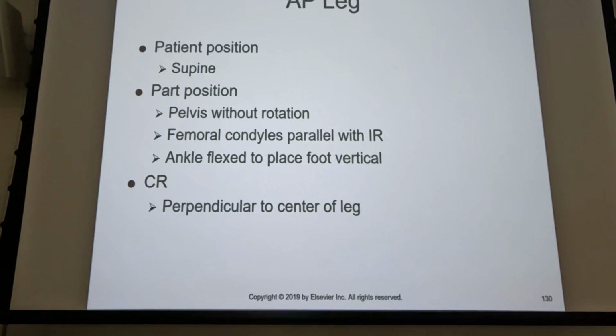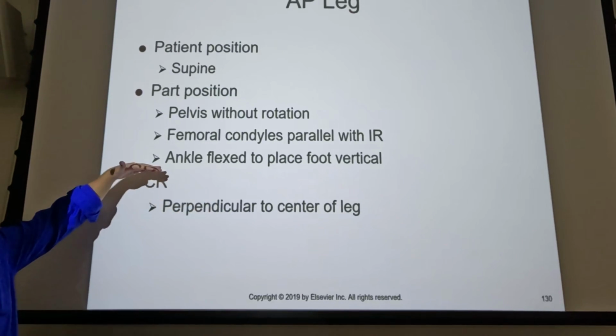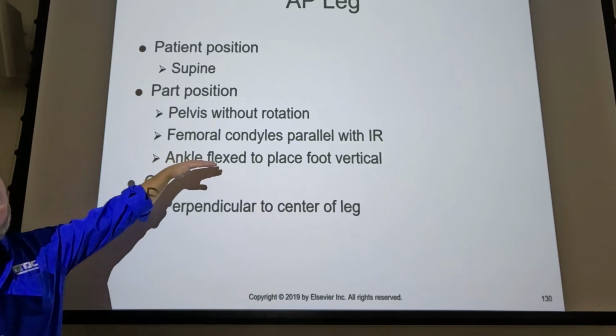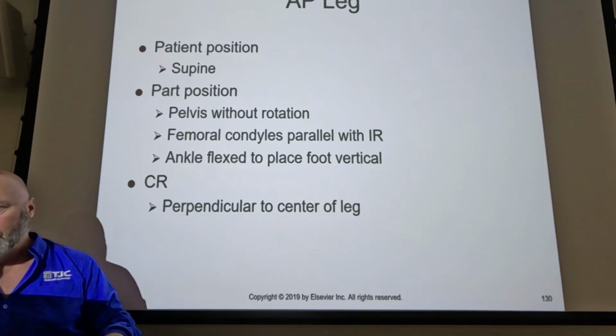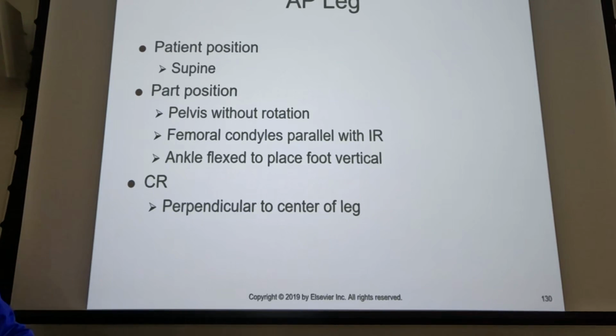So now, again, assuming the patient doesn't have an obvious fracture, you're going to lay the patient flat on their back. Pelvis without rotation is probably less important, providing they can do all the other stuff. But if you lay the patient flat on the back, you're more likely to get no rotation. Femoral condyles. So you can feel the femoral condyles. It's the knotty things on both sides of the knee.